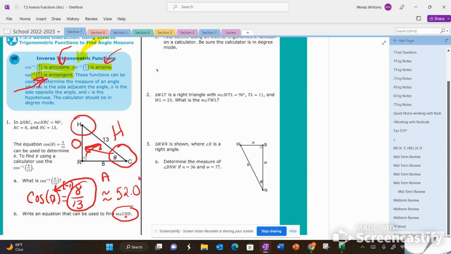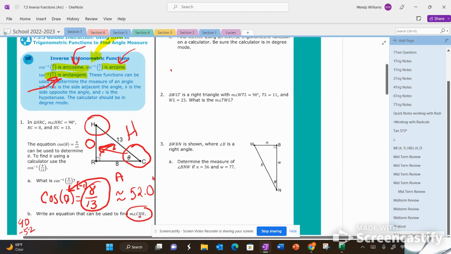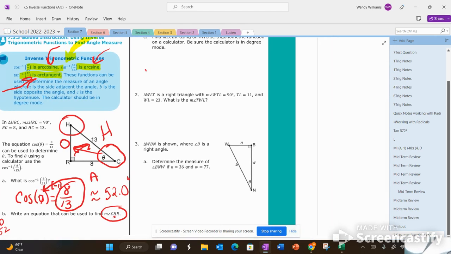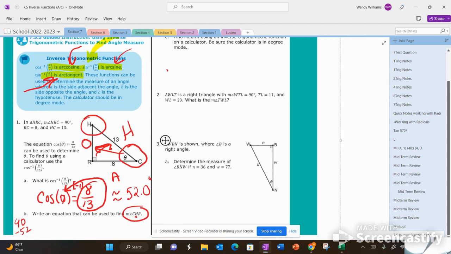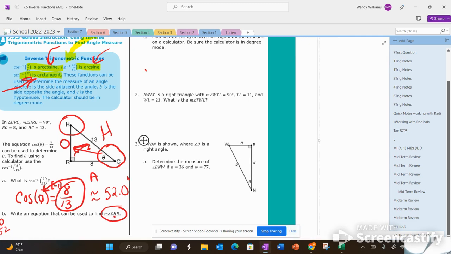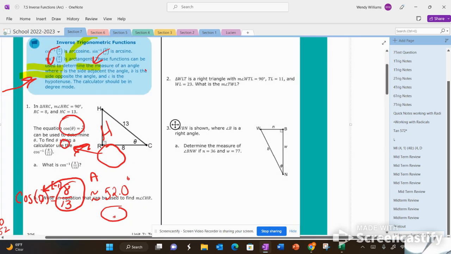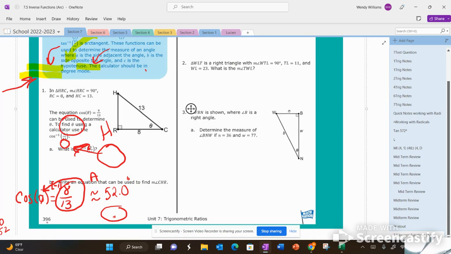And we already know that 90 minus 52 should give me the other angle, right? Because these two angles are complementary. So 90 minus 52 gives me 38. We know that that angle should be 38 degrees.